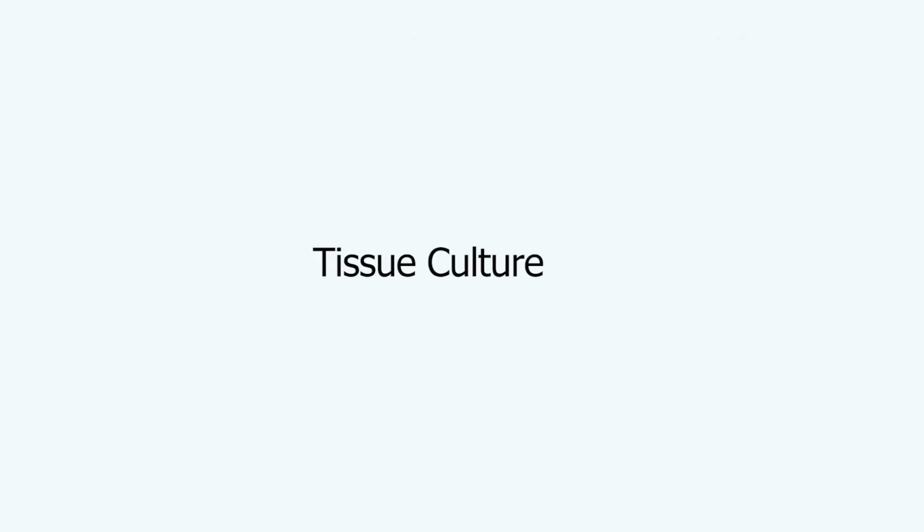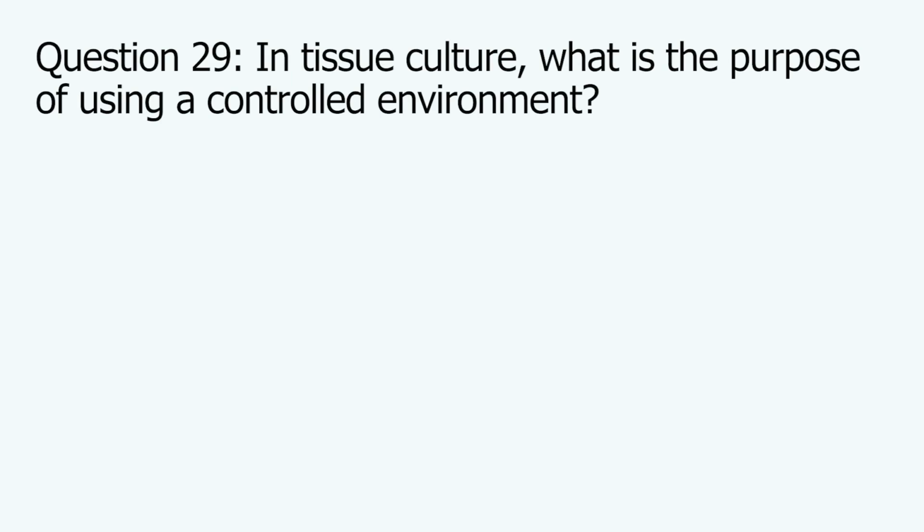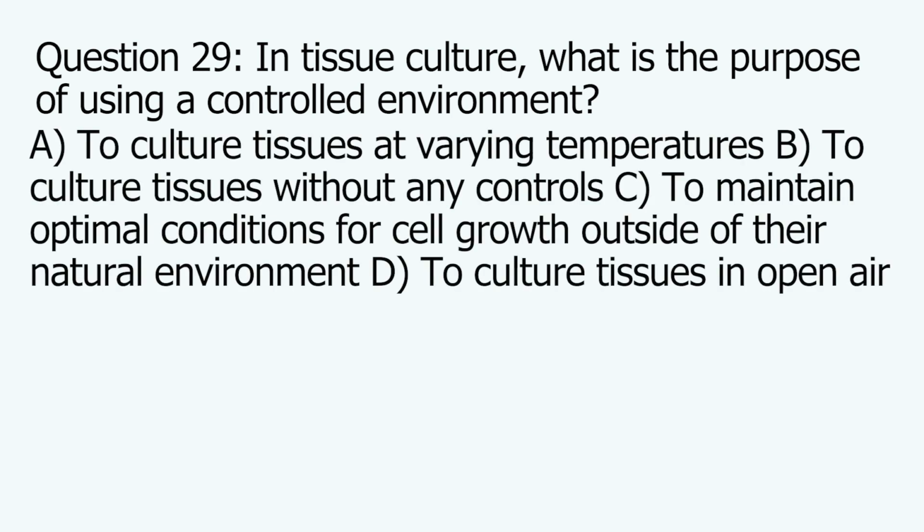Tissue culture. Question 29. In tissue culture, what is the purpose of using a controlled environment? A. To culture tissues at varying temperatures. B. To culture tissues without any controls. C. To maintain optimal conditions for cell growth outside of their natural environment.